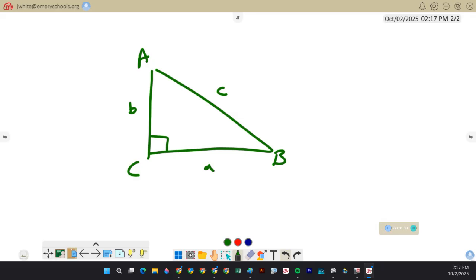And side C does not touch angle C. Does that make sense? Yeah. Okay. But that's not going to matter today.